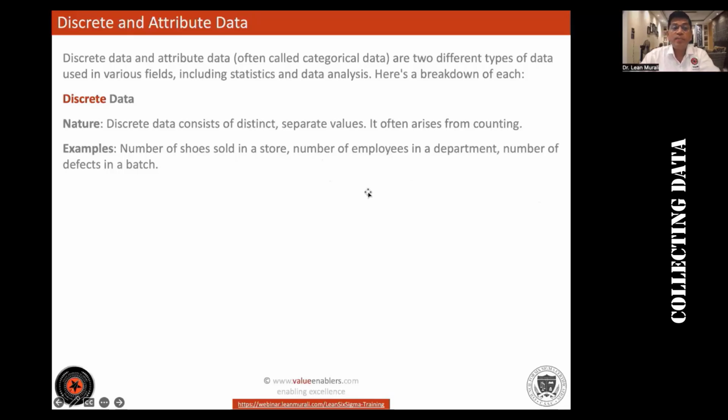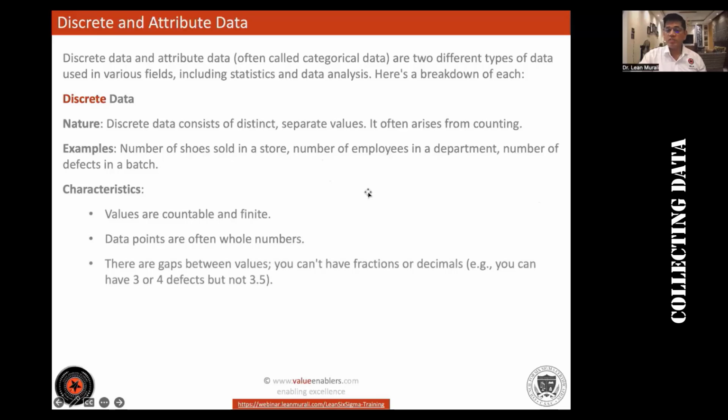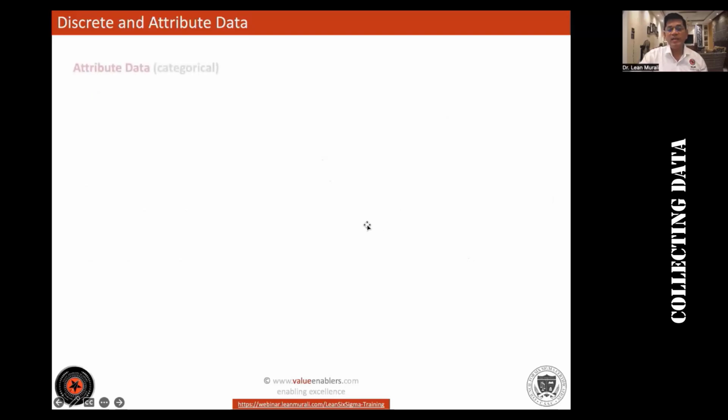Number of employees in the department, number of defects in the batch. Its characteristic is that it's countable and finite, and data points are always whole numbers. There are no gaps between the values. Either 3 defects or 4 defects, not 3.5 defects. Either 3 people or 4 people, not 3.5 people.